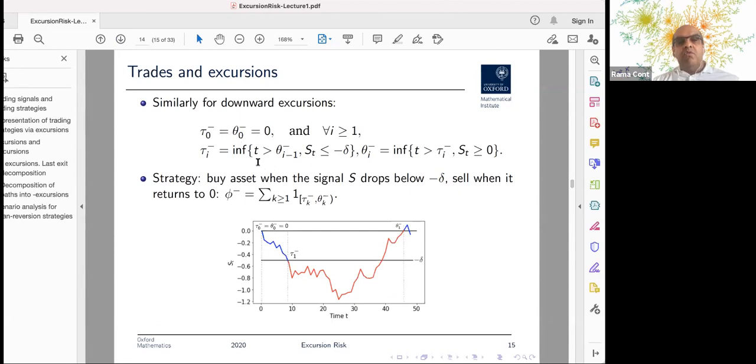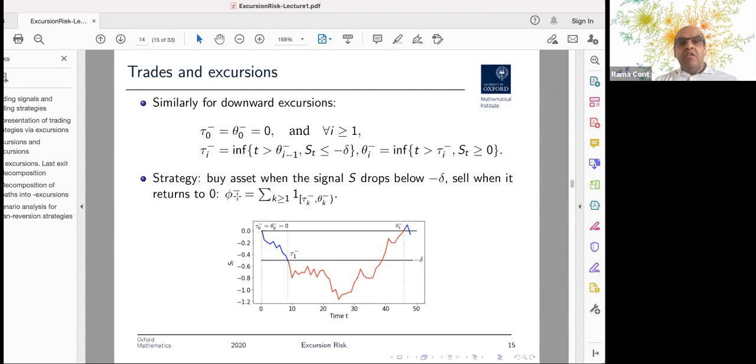Again, I start from 0, and then tau I is the first time after theta I minus 1 when you reach the level minus delta from above. And then theta I is the first time after tau I where I reach 0 from below, and so on. So you can define exactly the same type of thing with the minus. You apply the previous notation to the signal minus S.